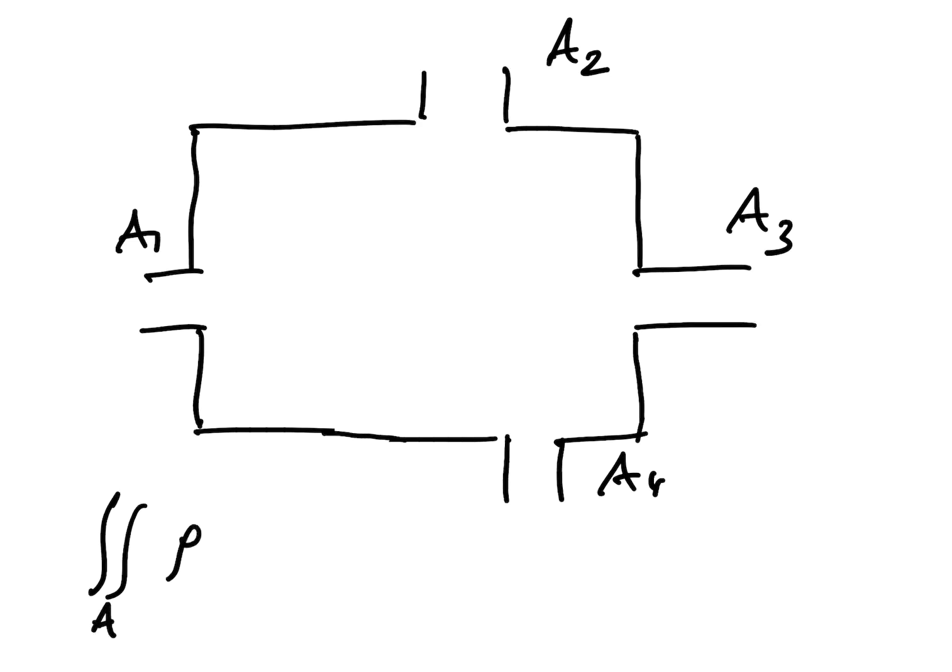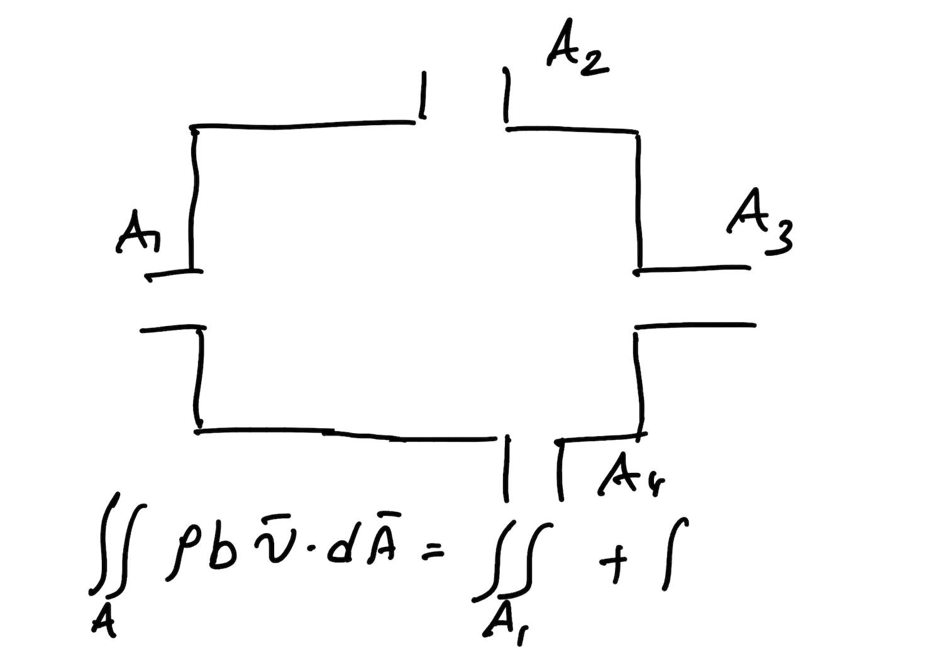What I write as the integral of rho times b v dot dA can be split into multiple integrals over A1, over A2, and so on. We'll see this in the form of problems.